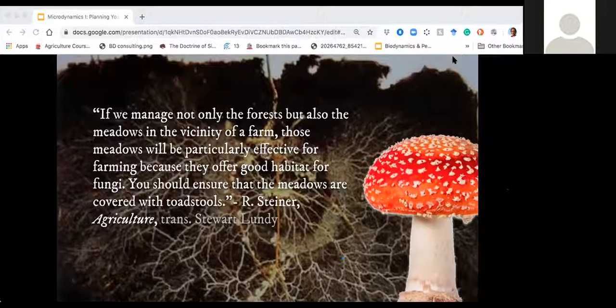Every time you graze pasture or mow it, you actually restart that life cycle. You restart photosynthesis. So if you want to maximize photosynthesis and build soil through your orchard, you want to keep it mowed pretty regularly.